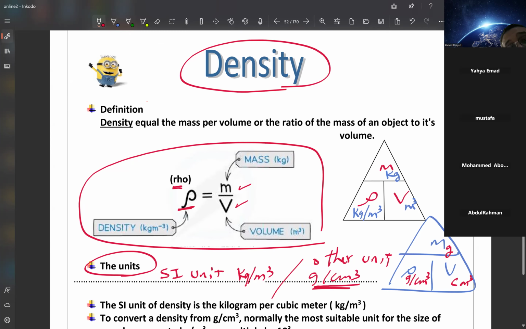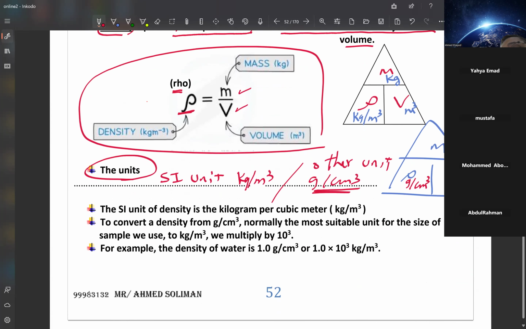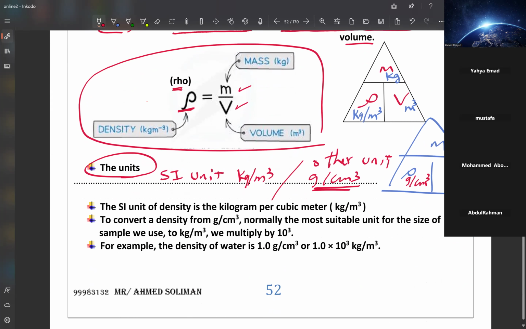So the definition of density equals mass per unit volume, or the ratio of the mass of an object and its volume. Density will decide if the object will float or sink in a liquid. The SI unit of density is kilogram per cubic meter.